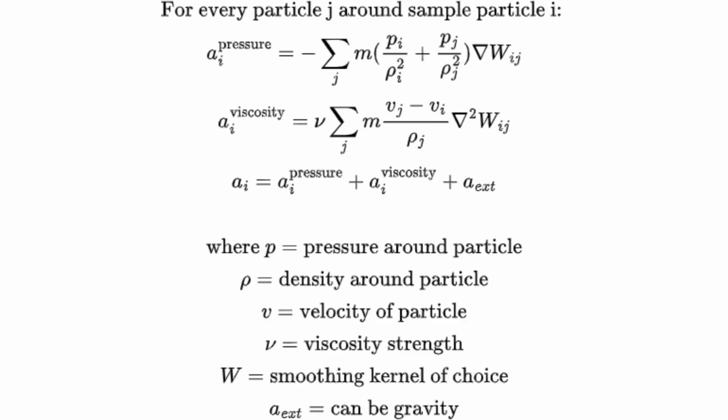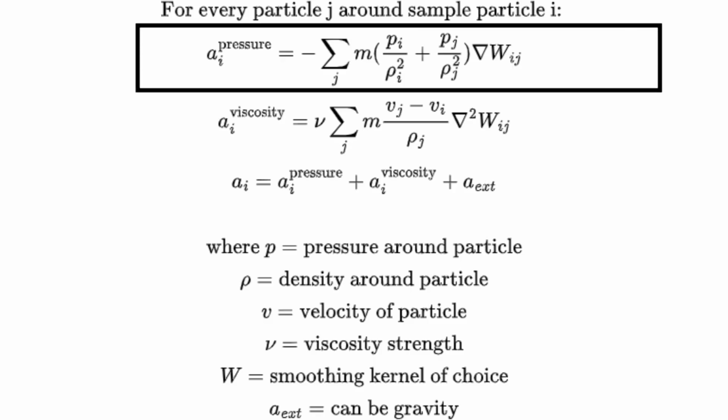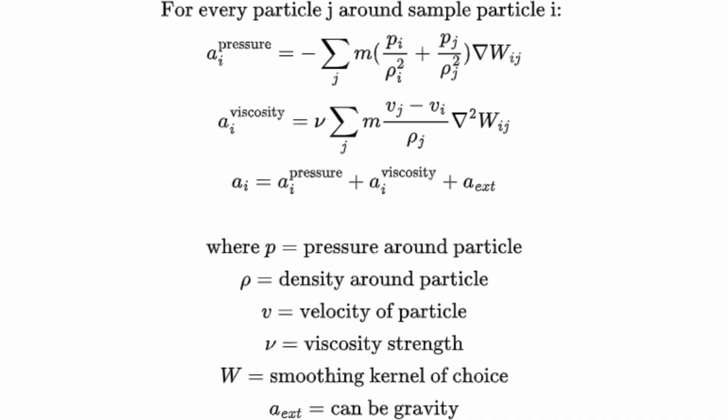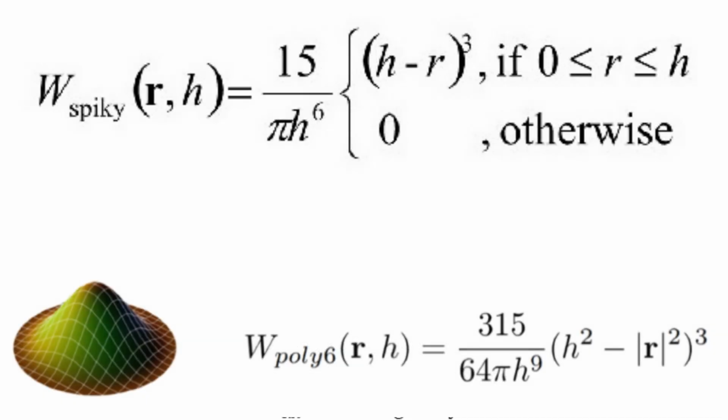The pressure force is calculated by summing up all of the sample particles in the smoothing radius around a sample particle, multiplying the shared pressure of those two particles by the gradient of a smoothing kernel of your choice. You can use the poly-6 kernel or you can use the spiky kernel. In this case, I'm using spiky.